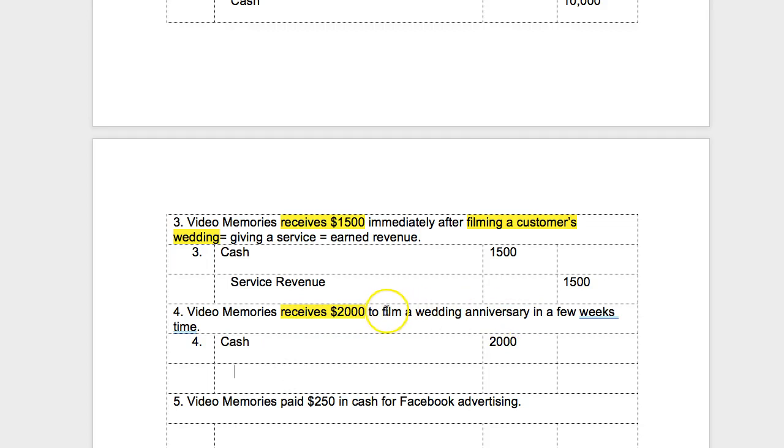So it says to film a customer's wedding in a few weeks' time. This means we haven't done the job yet. It means we owe the service to the customer. Okay, that is a liability when you owe something. The name of this liability is unearned revenue.